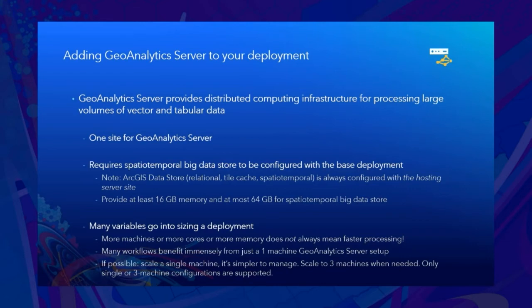Many workflows will benefit quite a bit from just a singular machine setup, actually. So if possible, scale a single machine. It's certainly simpler to manage, right? Scale that up, give it more resources, and then scale out to 3 machines as needed. But when it comes to GeoAnalytics Server, only a single or 3 machine configuration is supported.